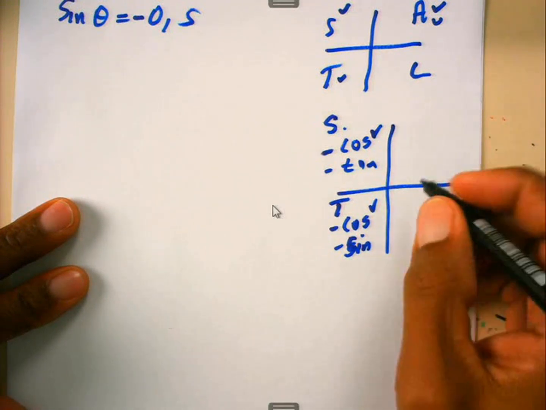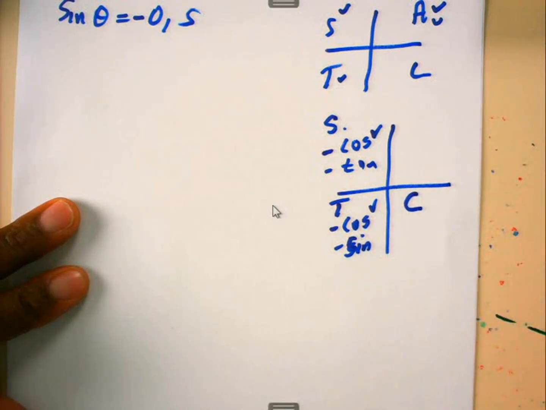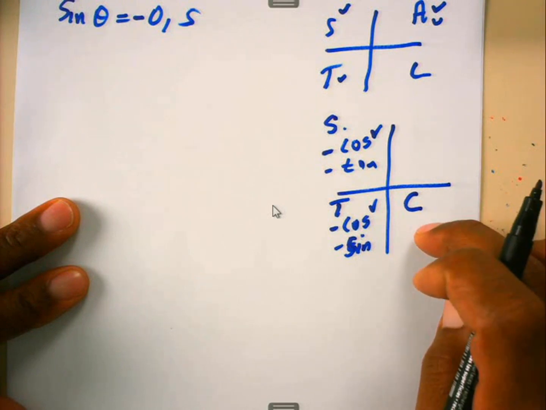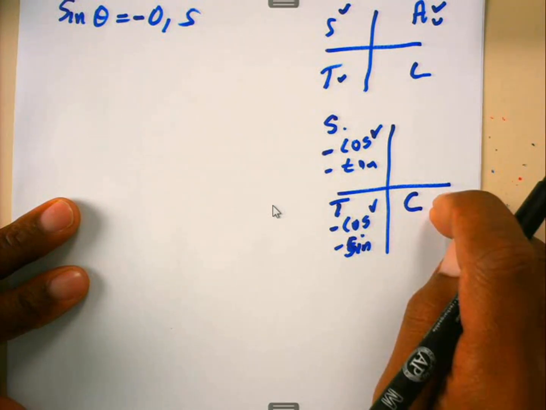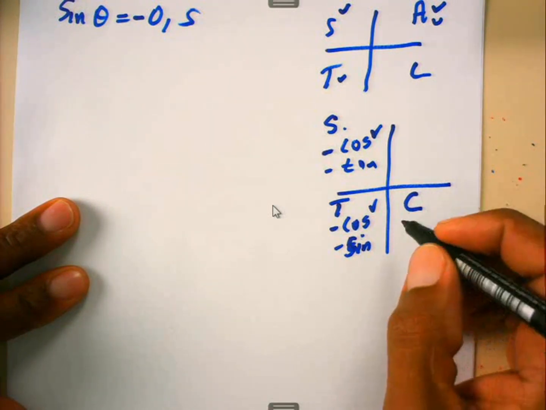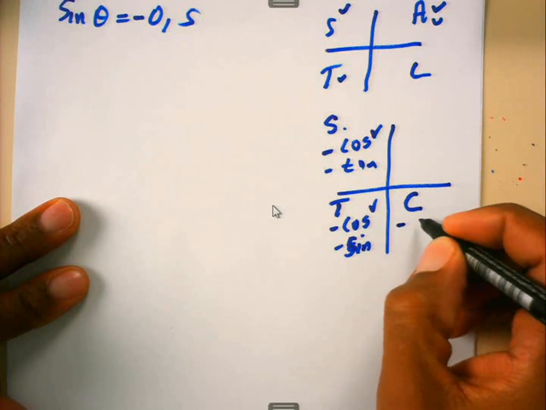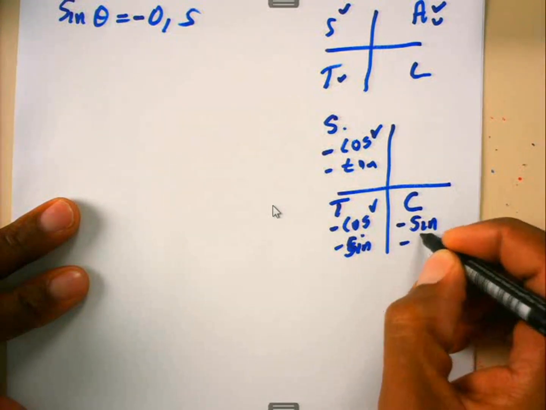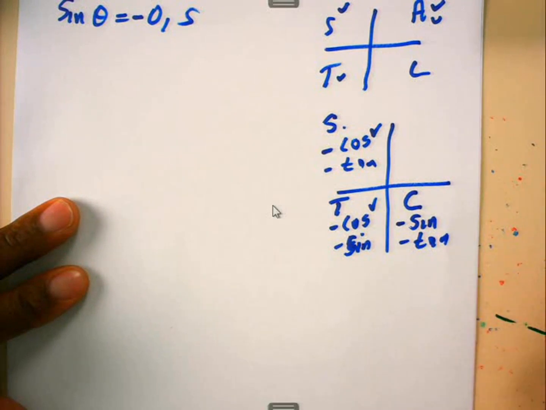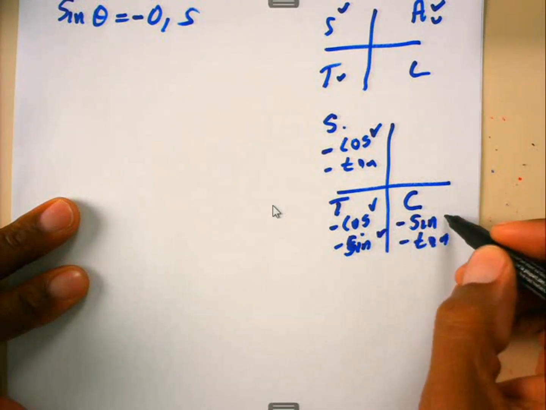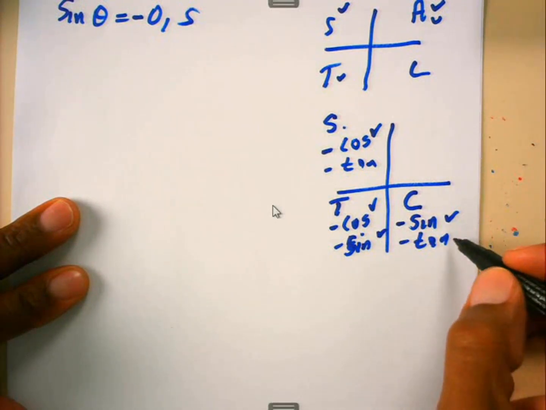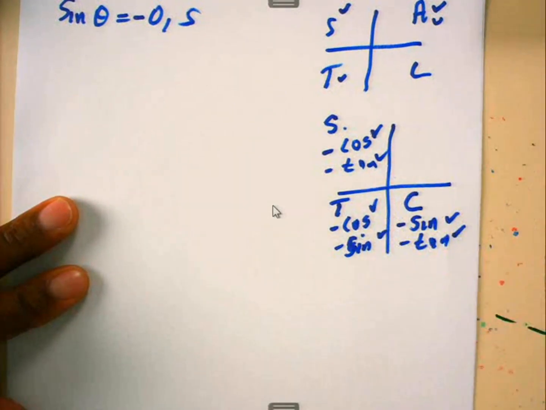Now, the last one: cos in the fourth quadrant is positive. Therefore, we have a negative sine and also a negative tangent. So sine is negative in two quadrants and tan is also negative in two quadrants.